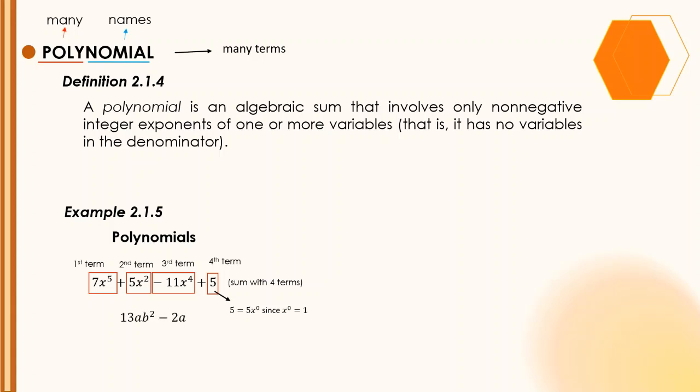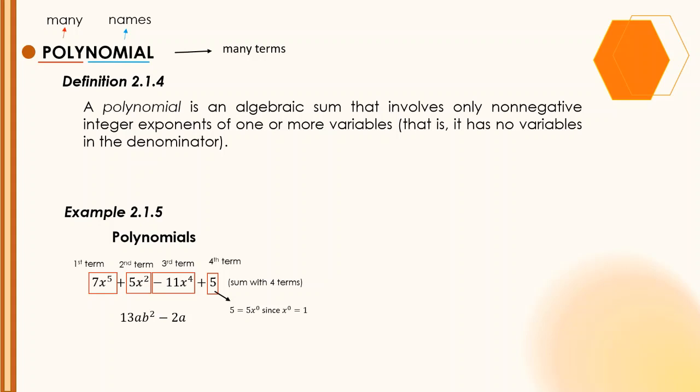Another example is 13ab squared minus 2a. Mayroon tayong dalawang variables that is a and b sa first term. And we can see na ang exponent ng a is 1, ang b is 2. For the second term, mayroon tayong variable na a na kung saan ang exponent naman niya is equal to 1.